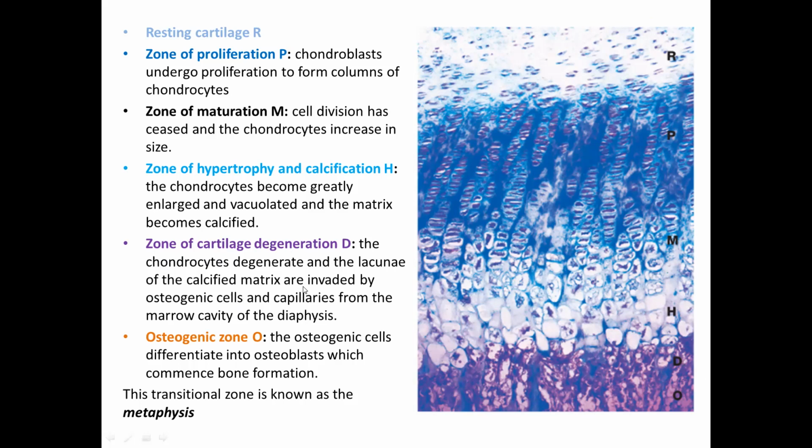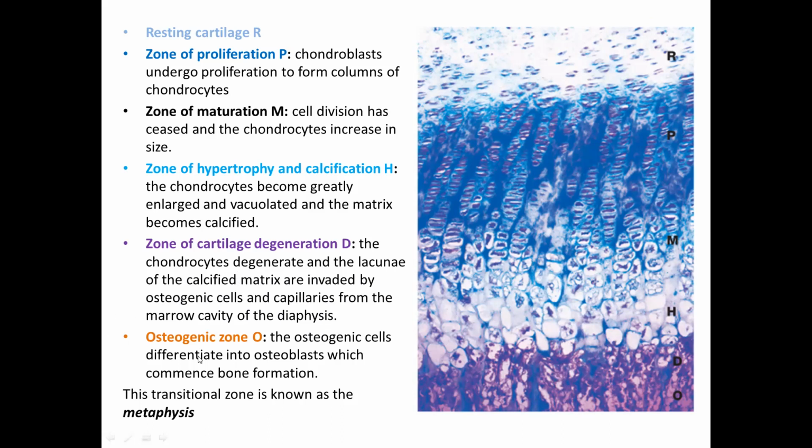The chondrocytes degenerate and the lacunae of the calcified matrix are invaded by osteogenic cells and capillaries from the marrow cavity of the diaphysis. So in the shaft, you get calcified matrix with the cartilage cells dying and osteogenic cells and capillaries coming in there.